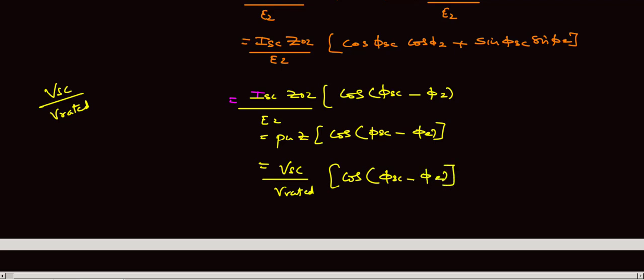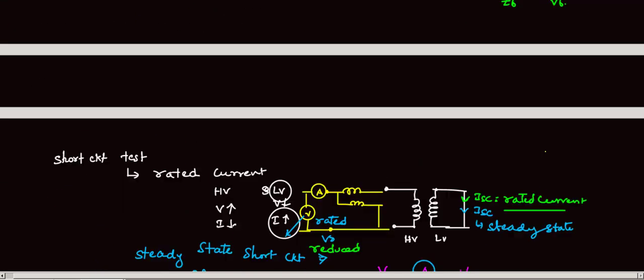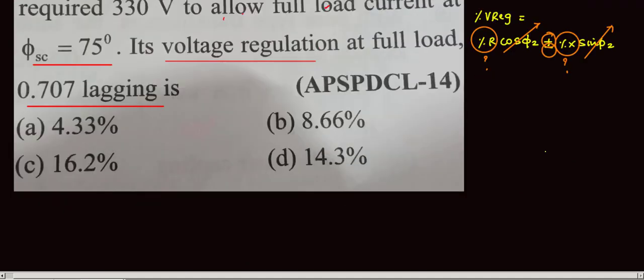Okay, so finally, what are the formulas you have to solve this? This is one formula. The first formula: per unit voltage regulation equals per unit resistance into cos phi 2 plus per unit reactance into sin phi 2.